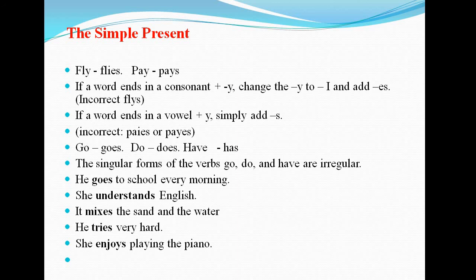Go, goes. Do, does. Have, has. When we use go, goes, do, does, have, has, the singular forms of the verbs go, do, and have are irregular. You can call them irregular verbs.